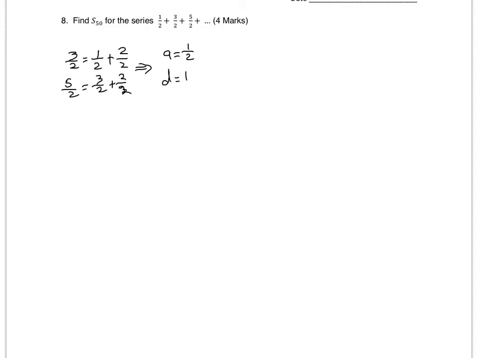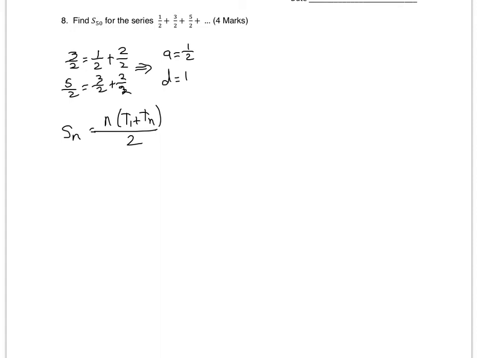So I'm going to use the formula which says Sn is n times t1 plus tn over 2. That's one of the formulas that we talked about in the class, so I can write this as n times t1 plus tn divided by 2.